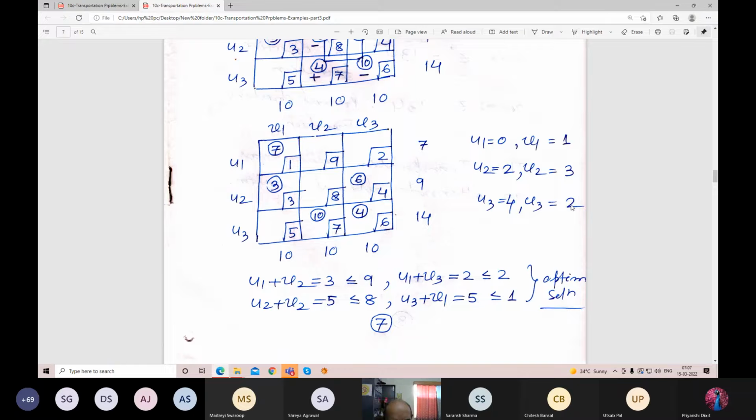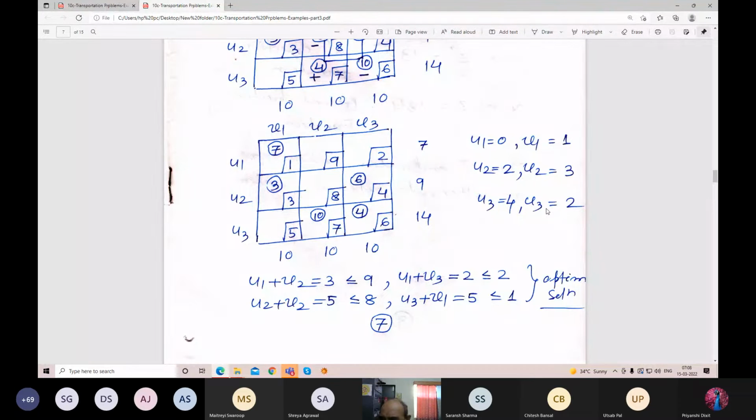So we have got that. And in the last row, you can see here, we have U3 plus B2 equals 7. And we have U3 plus B3 equals 6 already. B3 we have computed, that is 2.